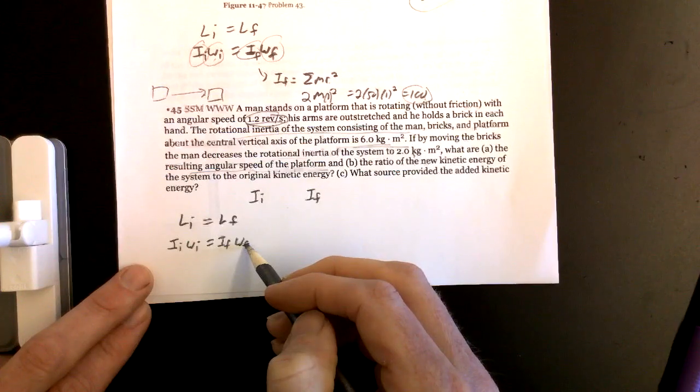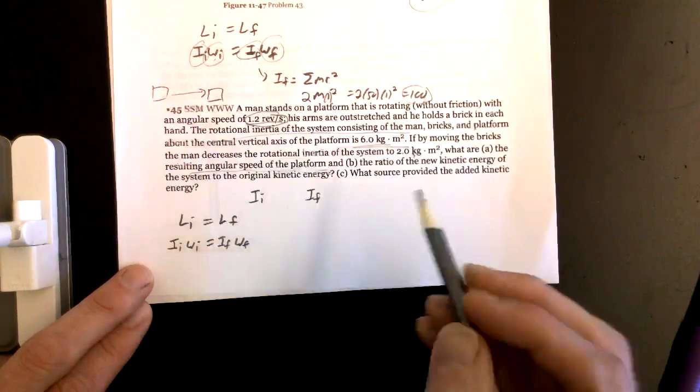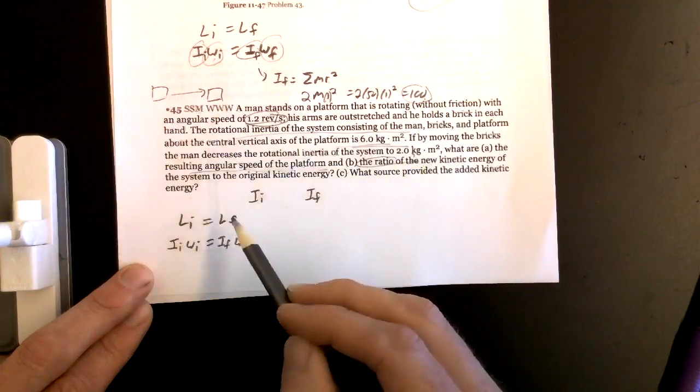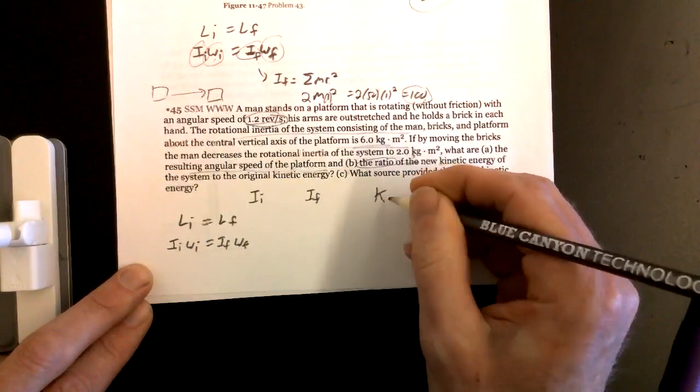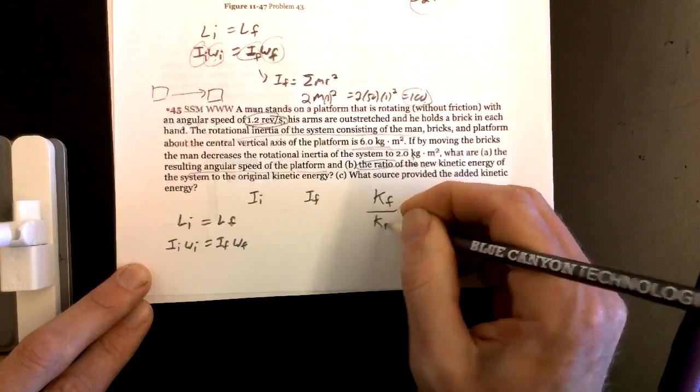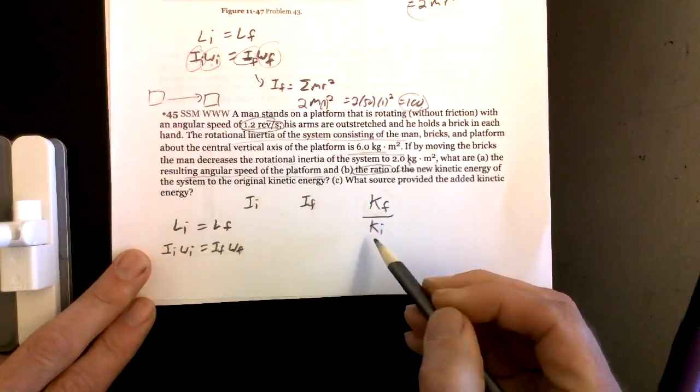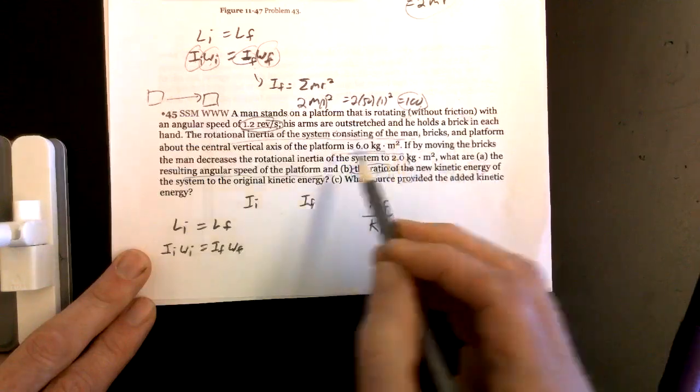But if you do the problem and find out the kinetic energies, looking at my solutions, I leave everything in revolutions per second. So here's the thing. If you're looking for the ratio of the new kinetic energy to the original kinetic energy, that's going to be K final over K initial. If I'm looking for just the value of one of these or the other, I can't use revolutions per second.